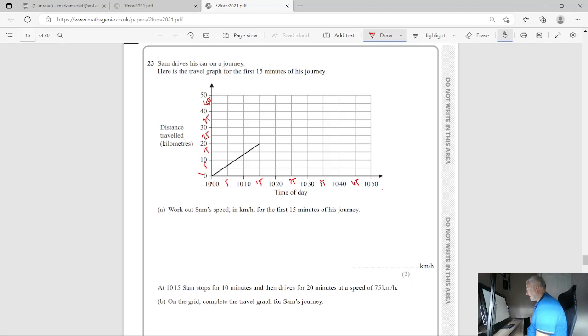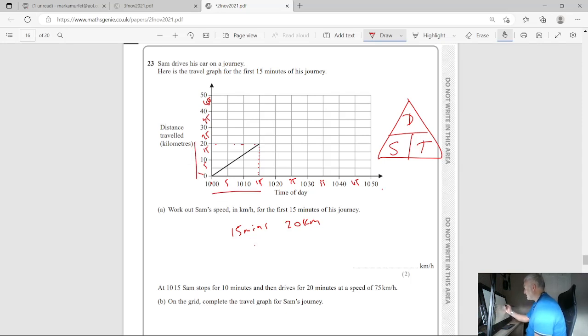Work out Sam's speed in kilometers per hour for the first 15 minutes of his journey. Well, using that graph, in 15 minutes, he travels 20k. 20 kilometers. So we're going to use our speed, distance, time triangle. We know the time, 15 minutes.